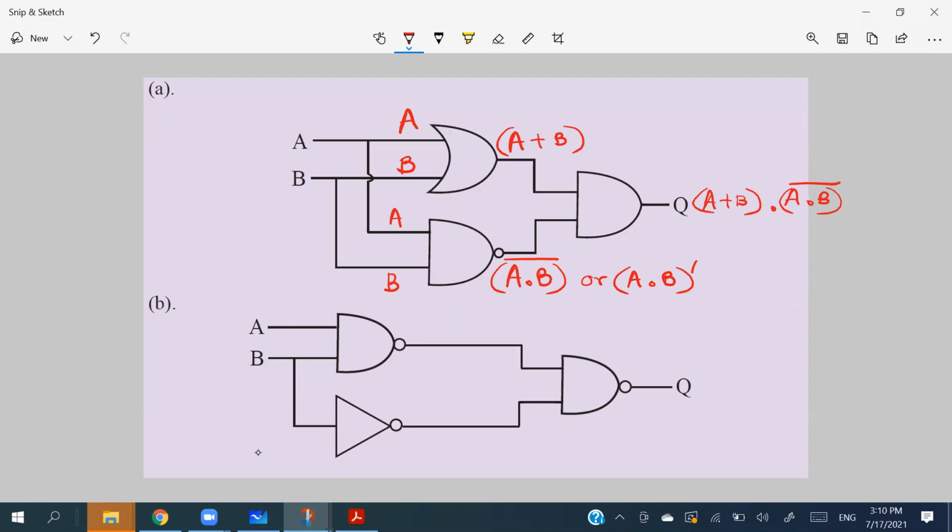Right, so the next one here, you got A over here, you got B over here, and you will be receiving A dot B total bar. And since this is connected with the B, the NOT gate, this is going to give you B bar.